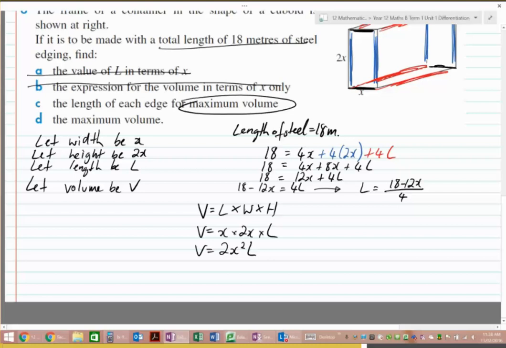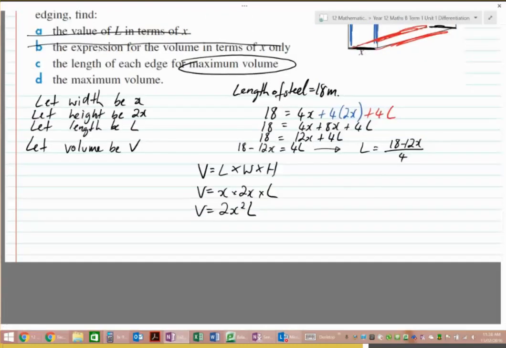There's not much I can really do here for the L. In most scenarios, if it was instead 20 minus 12x on 4, I could divide both by 4 and have 5 minus 3x. I can't do this here because I've got this 18 on 4. But this expression for L, which is actually the answer for part A, is going to get substituted into here.